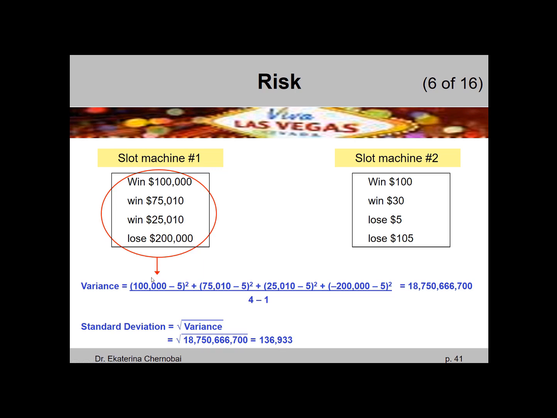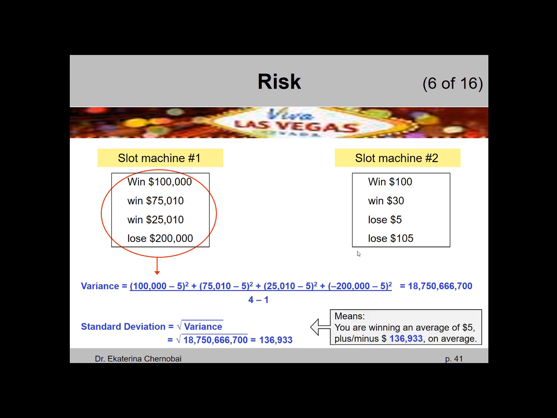This means that if we keep playing slot machine number 1, we would be on average earning $5 per game, but the actual amounts of money we would be making or losing would be $136,933, either above or below the $5 average. So that's the average distance from the average.